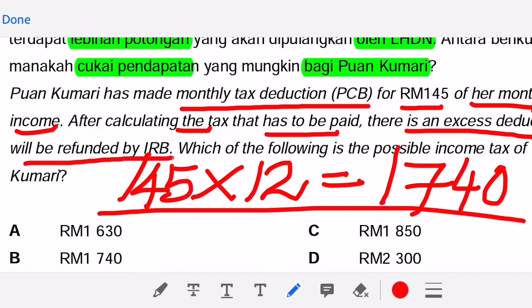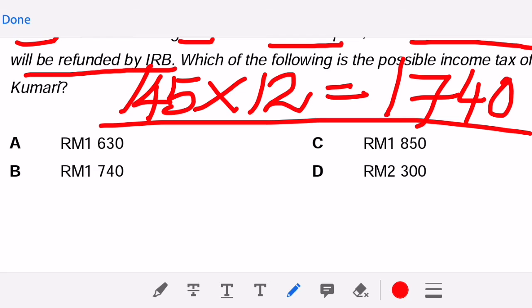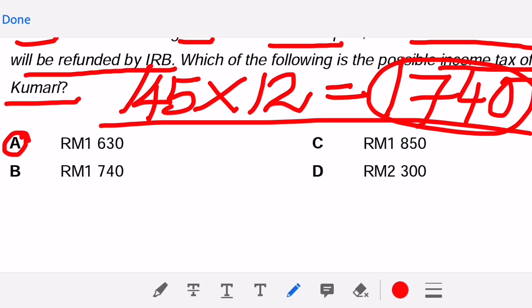They will be refunded by the IRB. So that means if it is refunded, I'm sure that the possible income tax of Puan Kumari should be less than this amount, 1630. Okay, 1630 is a possible answer.